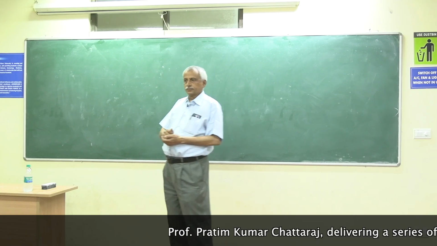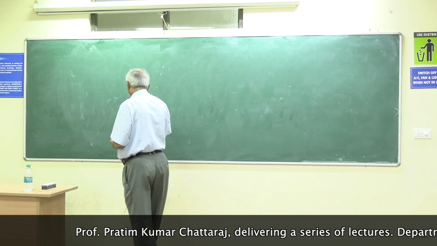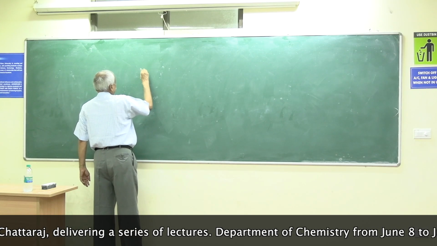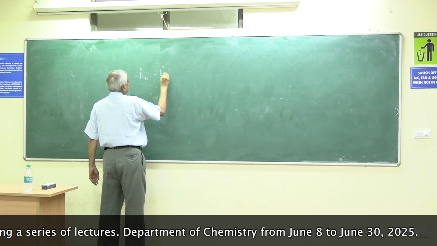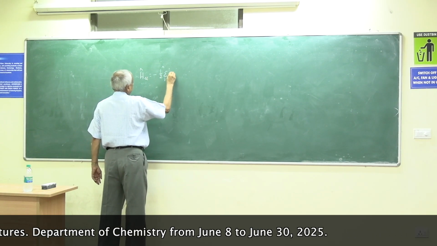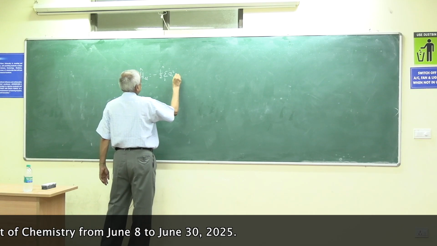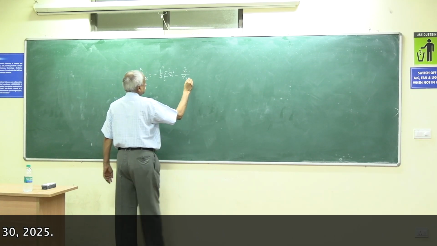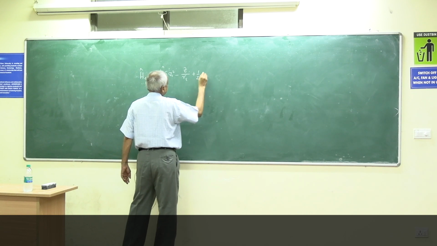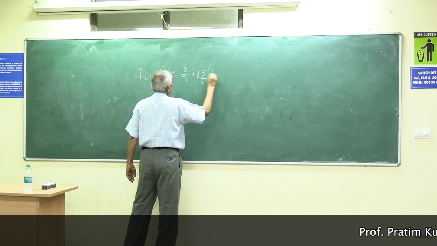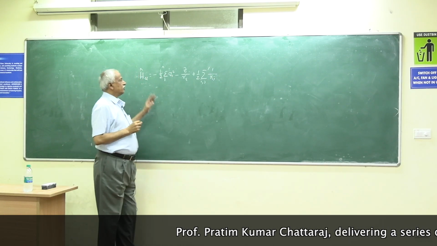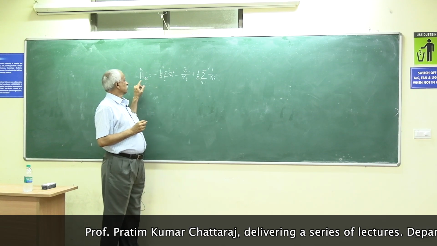Okay. Now in this case, the Hamiltonian is minus half sum over i del i square minus sum over i Z by ri plus half sum over ij, i not equal to j, 1 by rij. So this is your many electron atom Hamiltonian.